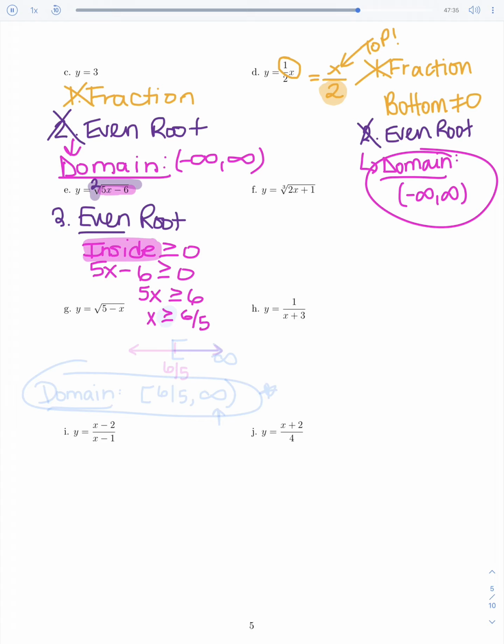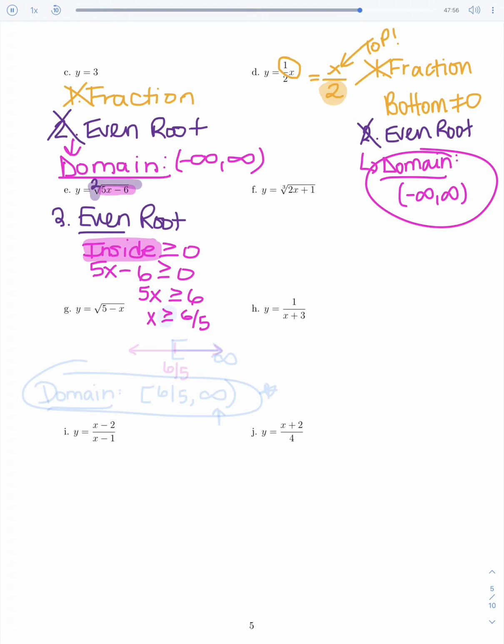The problem is, and we learned this on your last sections for your last test, is you cannot leave it this way. This is why if you go back to the previous page, it asks for the domain specifically in interval notation, meaning you cannot leave it with the greater than or equal to.